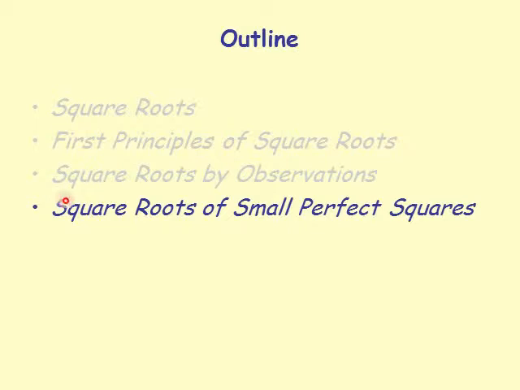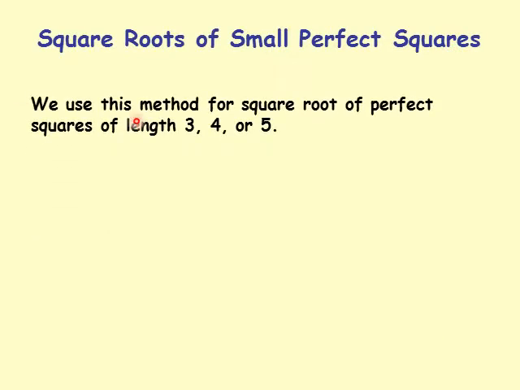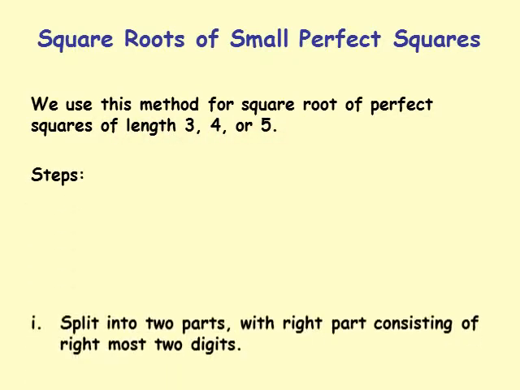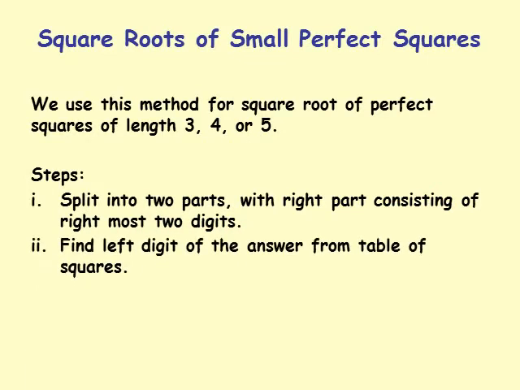In this section, we'll discuss square roots of small perfect squares. Let's see what that is. We use the method for square roots of perfect squares of length 3, 4, or 5. The steps are split into two parts, with the right part consisting of the rightmost two digits.